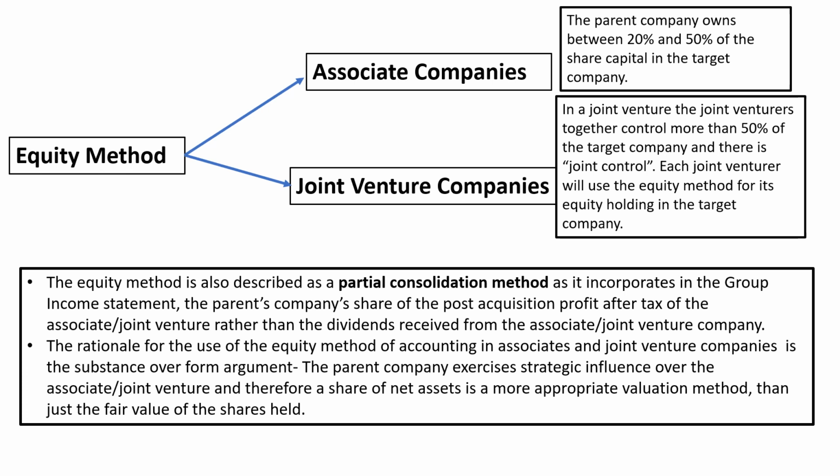The rationale for the use of the equity method of accounting in associates and joint venture companies is the substance over form argument. The parent company exercises strategic influence over the associate and joint venture, and therefore a share of the net assets is a more appropriate valuation method than just the fair value of the shares held.